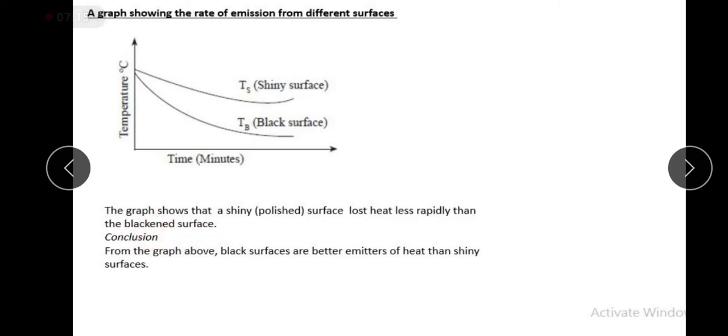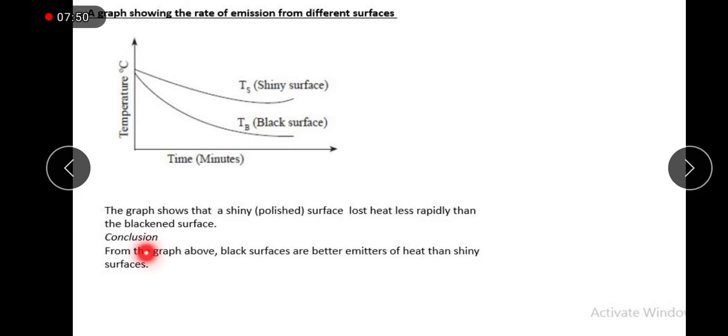As you can see, the temperature is high, but after some time, you'll find that the temperature in the black surface will fall more rapidly than in the shiny surface. For example, look at the temperature at this point. You see the temperature here is lower than the temperature in the shiny surface. That's how we represent that observation in a graph.